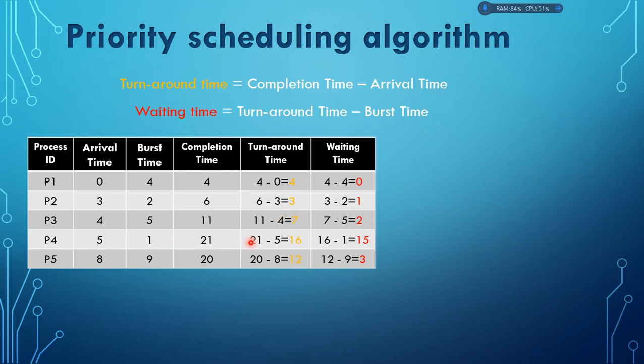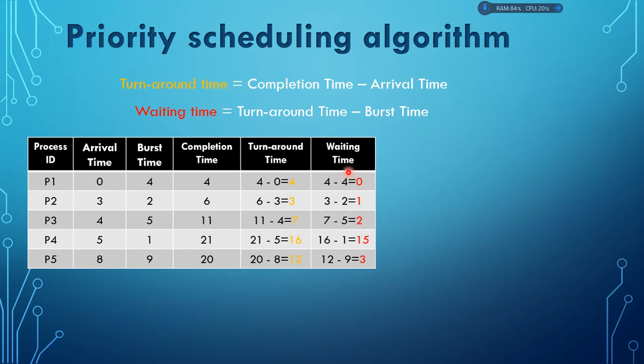For P4, the completion time is 21 and arrival time is 5, and the difference is 16. P5 with the completion time of 20 and arrival time of 8 equals 12. So that is the turnaround time for every process.